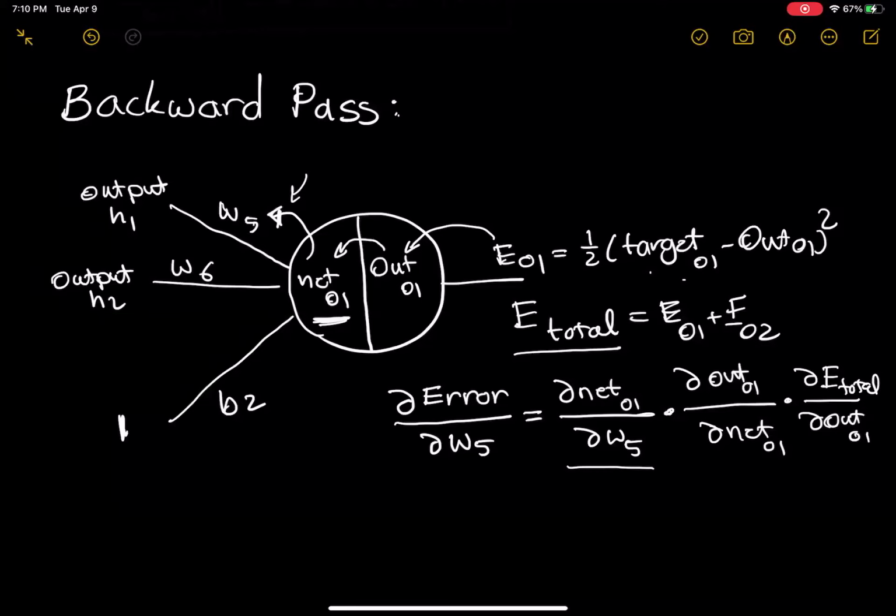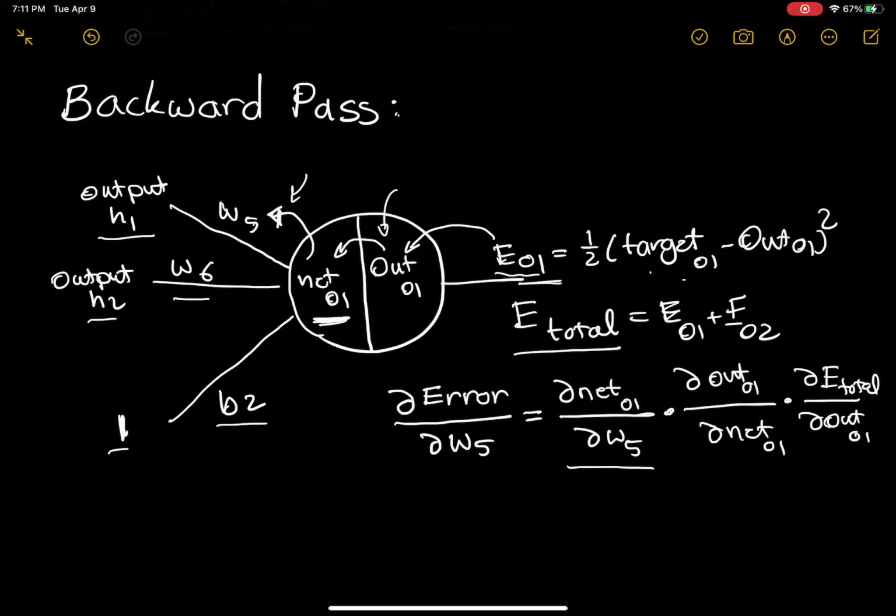That's obvious, because the linear combination of W5 with output H1 here and W6, H2, and B2 makes net1. Then I pass net1 to a sigmoid function here to calculate out of O1, right? This is the sigmoid function. Then targets minus out of O1 gives me the amount of error that I would see in this output, right?